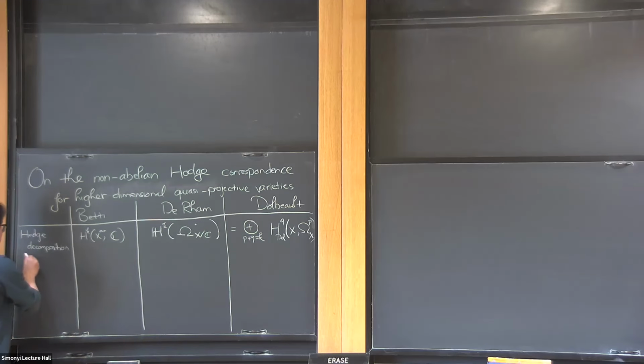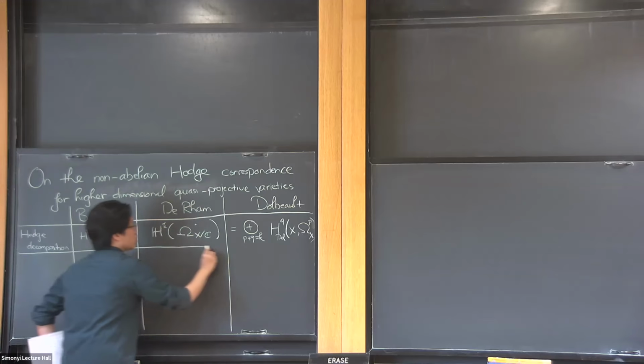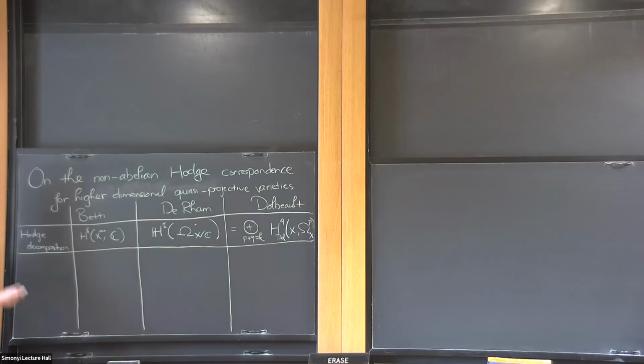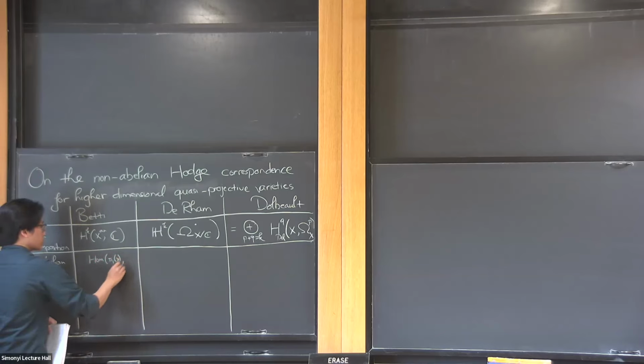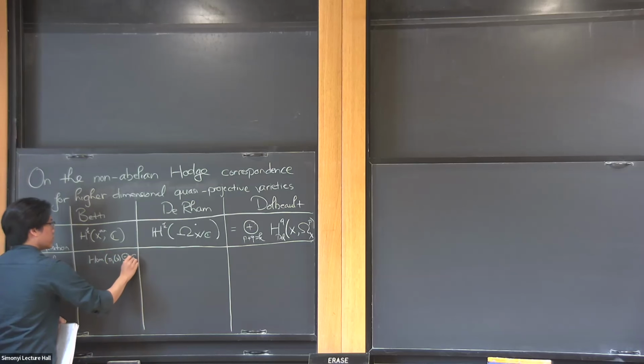Okay, so what would be the analog in the non-abelian case? So here we will basically look at homology with coefficients in GL_n(C) instead. So what we will look at are these Hom from pi_1(X) to GL_n(C).